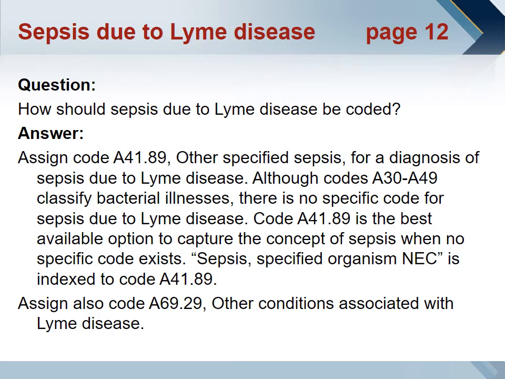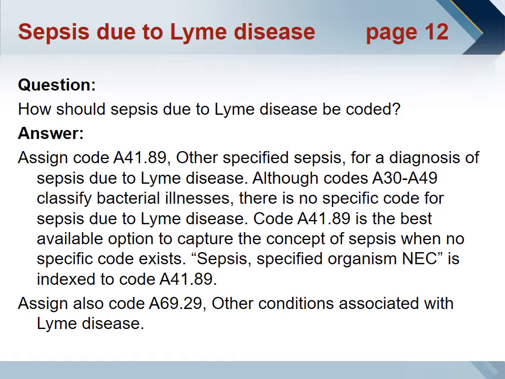And this is where you realize that this code, if you've not realized it already, is a catch-all code for all of the sepsis for which there is not a specific sepsis code. Viral sepsis is classified to A41.89, and so would sepsis due to Lyme disease. Standard language, A41.89 is the best option.